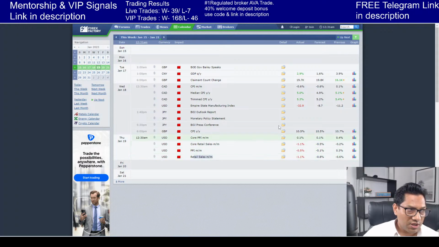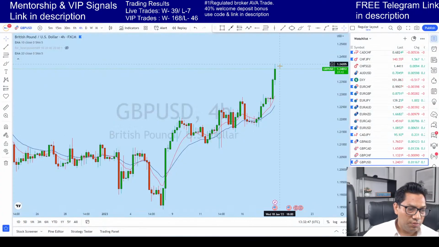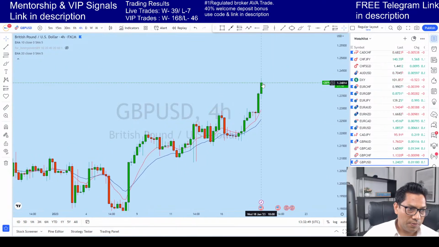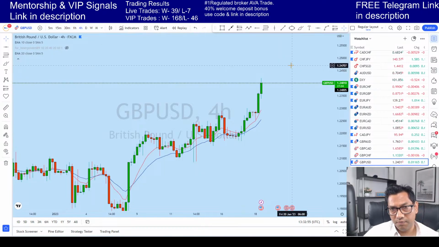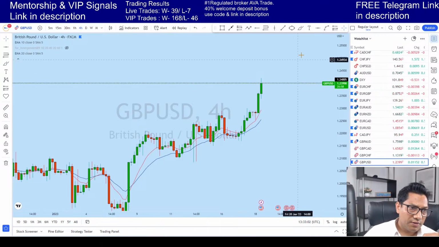Now look at the GBPUSD price action. See, the price is here. This is where you have seen the result, but in fact, let me turn on the indicator, you see the real trade is here.